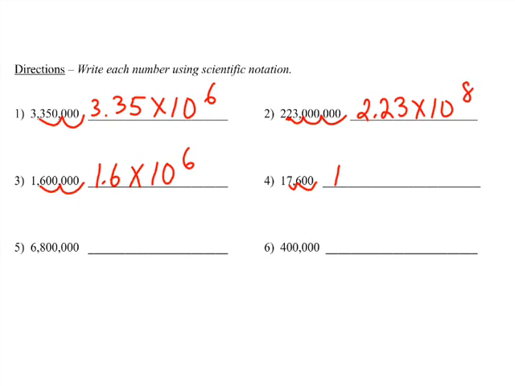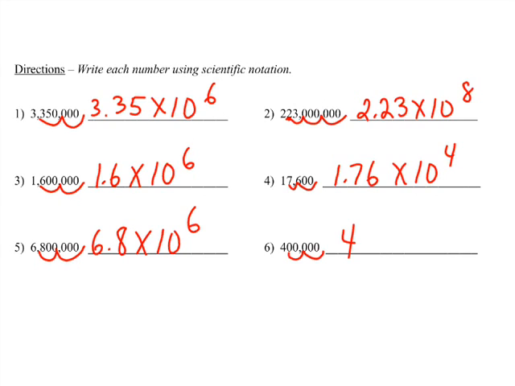Move that decimal so that I have a number between 1 and 10, and I needed to move it 4 spots. This would be 6.8 times 10, and I moved it 6 spots, 6 places. And then this one would just be 4 or 4.0, either one, times 10 to the 5th power.